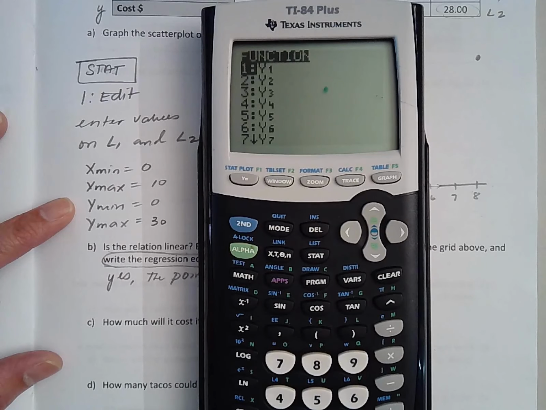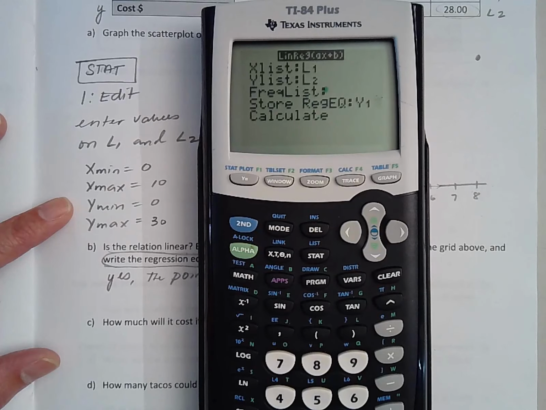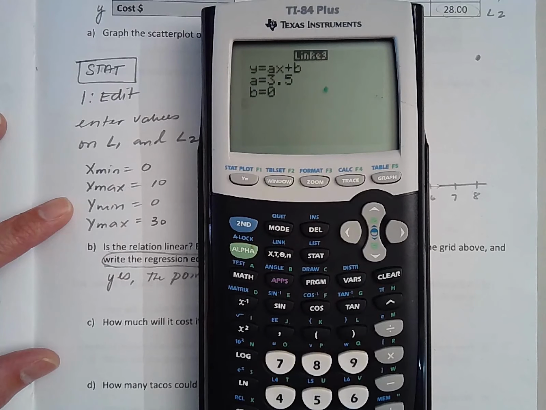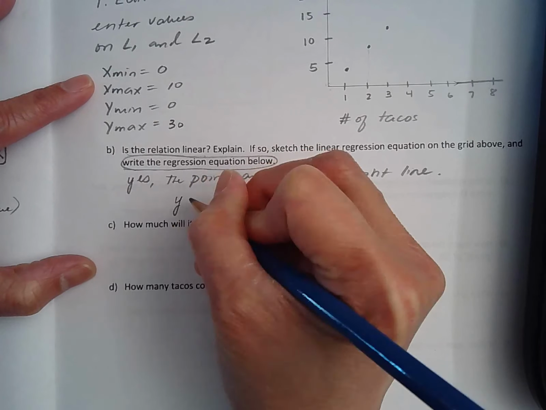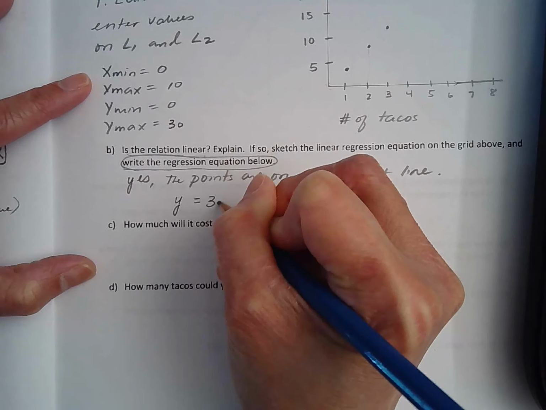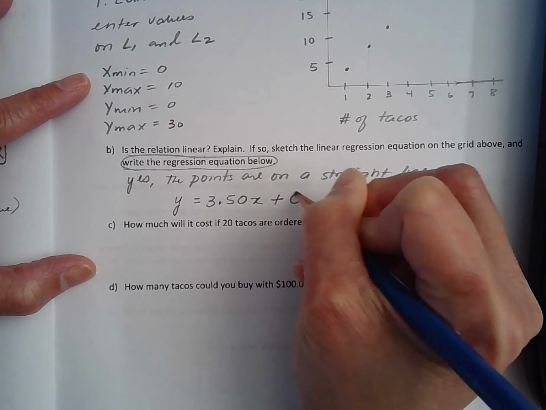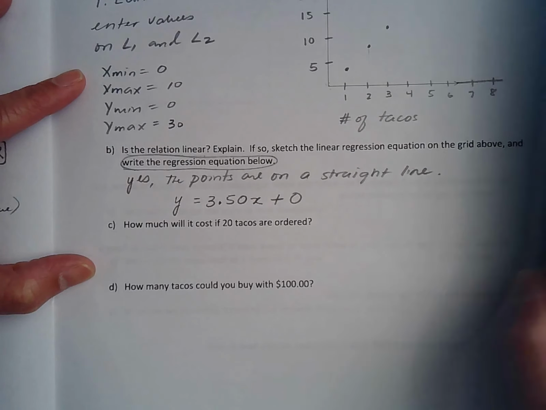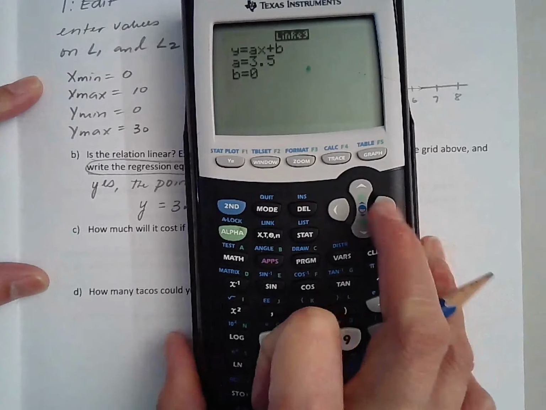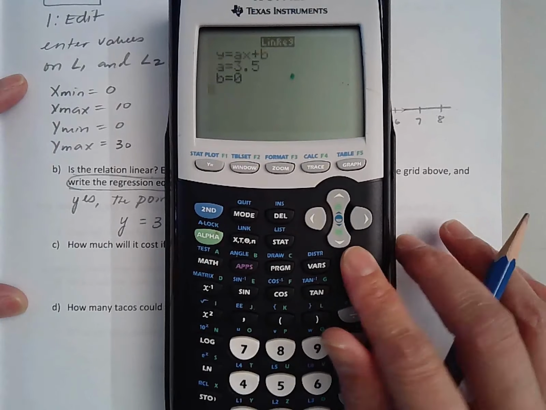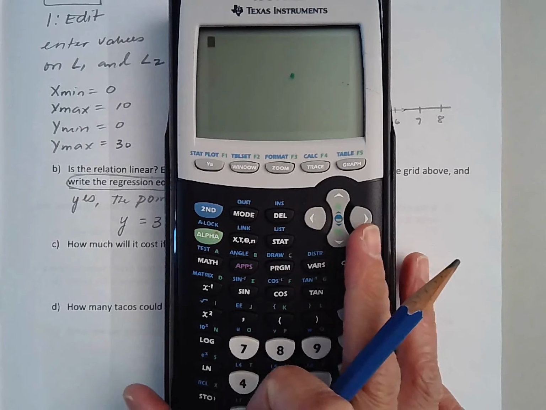Then press enter, and enter again, and enter. So the regression equation is y equals 3.50x plus 0. Is everyone there or no? Let's try it again. I'll write it down.